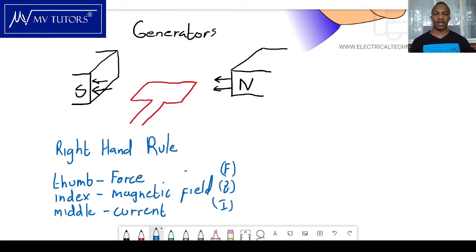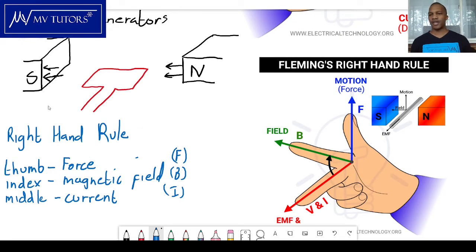Now let me grab a picture so that we can demonstrate this really well. Okay, so here we go. What we have here is Fleming's right hand rule. You take your right hand just like that, and as you can see here, let's use their example. You've got the North Pole here and the South Pole, and the field is moving from the right to the left.